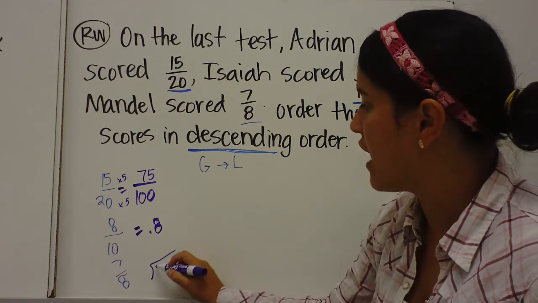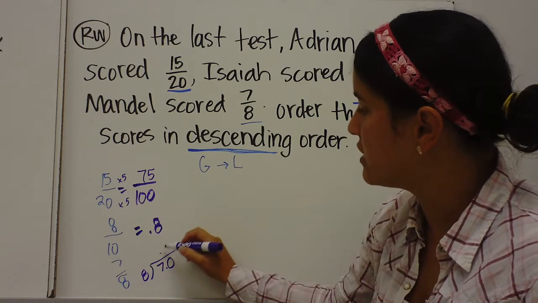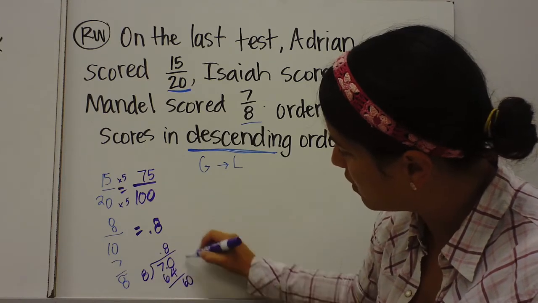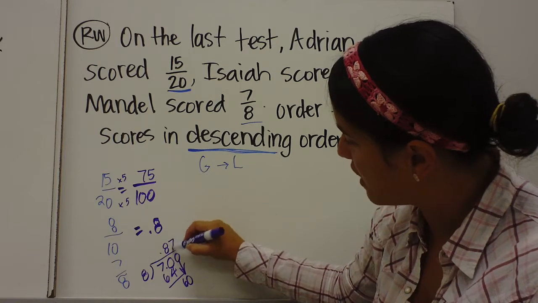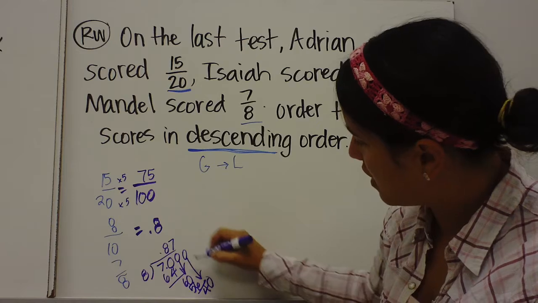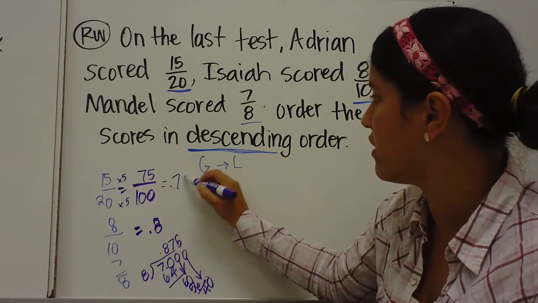This one I would have to divide. 8 will go into 70, 8 times 8 is 64. And 8 will go into it again, so 0.875, 0.8, and this is 0.75.